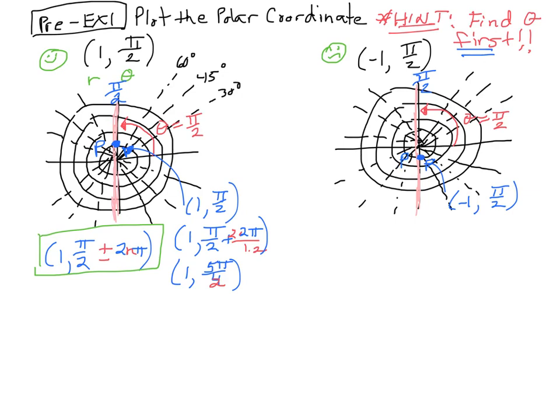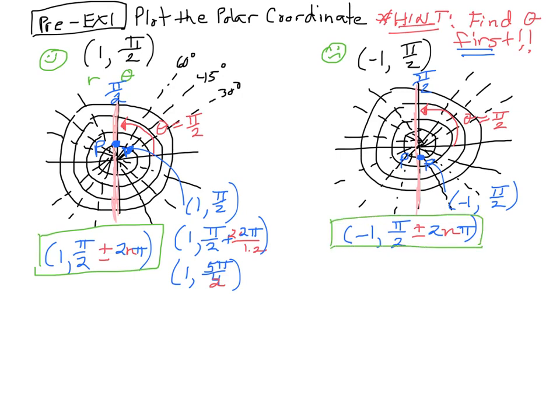So if I were to list out all the possibilities for this ordered pair, it would be -1, comma, always start with your original theta, which is pi over 2. And from there, I'm going to add or subtract, again, reminder, Math Excel only does addition, 2n pi. The n represents the number of revolutions you're going to take. So this represents all the possibilities for that point.